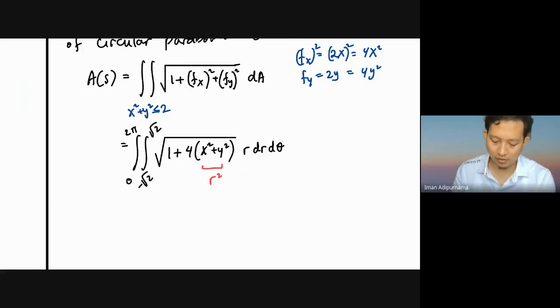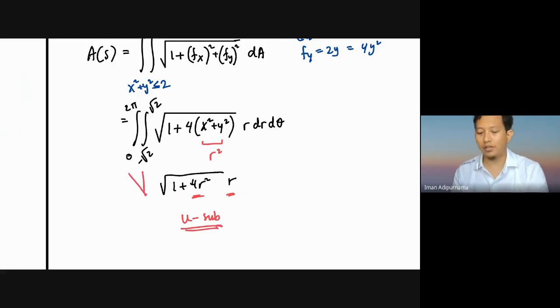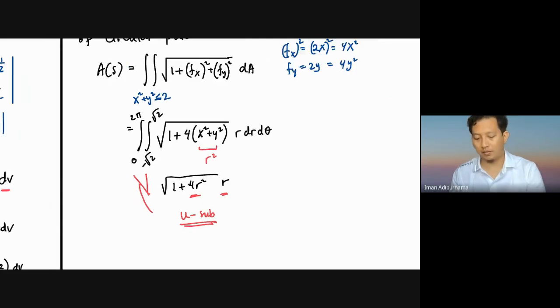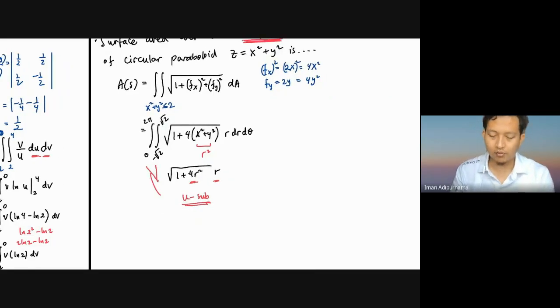Of course you can easily integrate, and from here you see that you can also use u-sub, and then the rest is just regular integration. Plug in the values and then you get the answer, right? I'm giving you the hint, and I will try to work on the solution for all of these exercises.